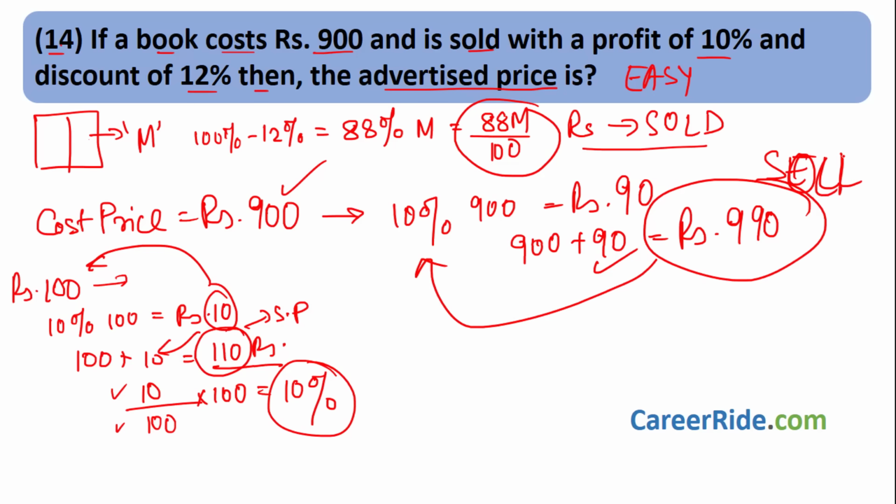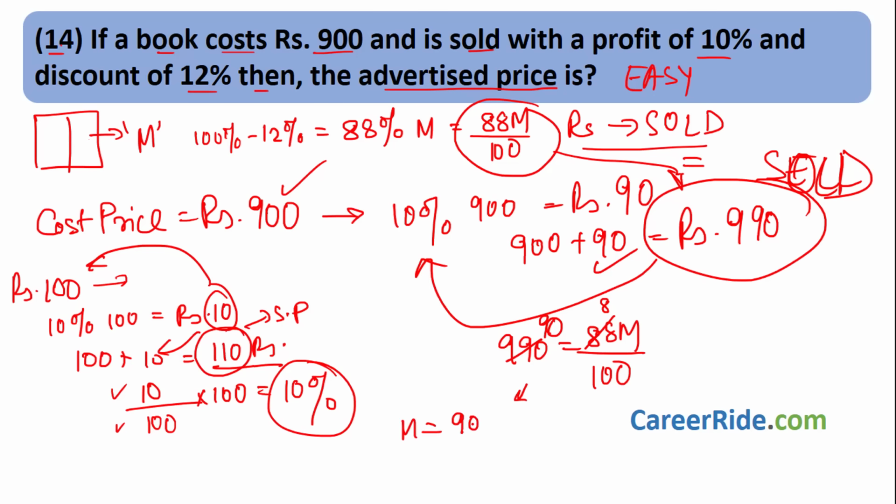Okay, this is the price for which the book needs to be sold. Now we already know that the book should be sold at 88M upon 100, and we also know that the book should be sold for rupees 990. That means these two values are equal. So equating them, what do we get? 88M upon 100 equals 990. 11 8s are 88, 11 9s are 99, so we get 9000 divided by 8.